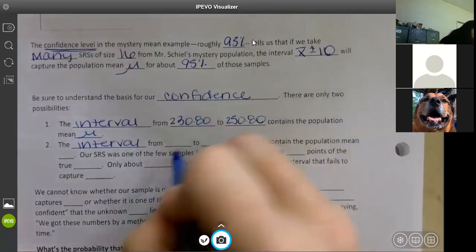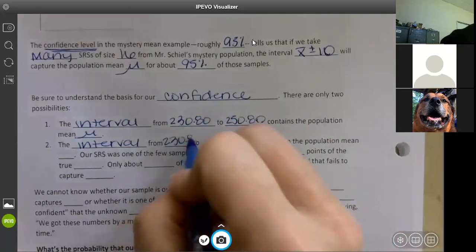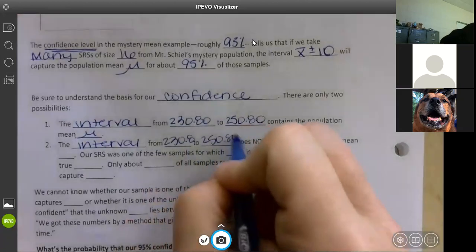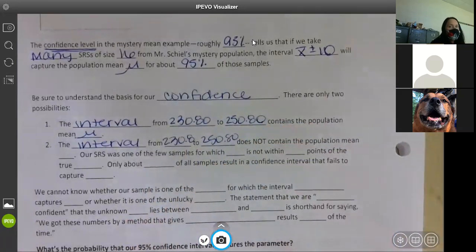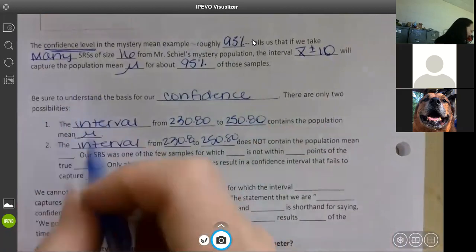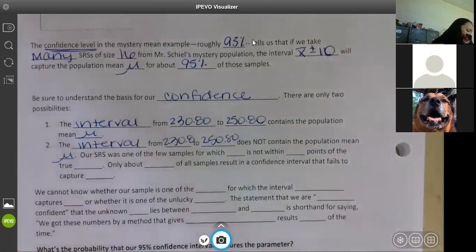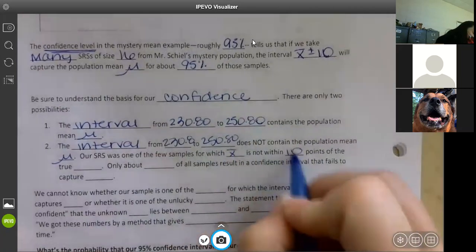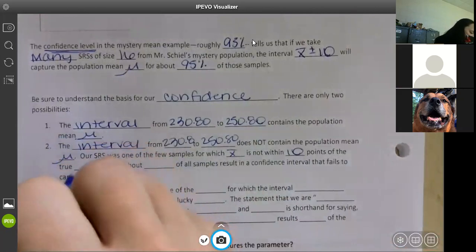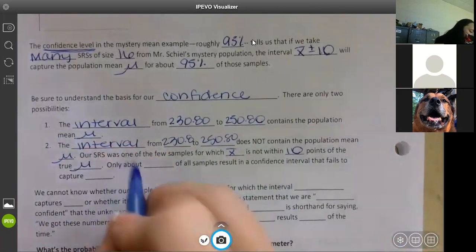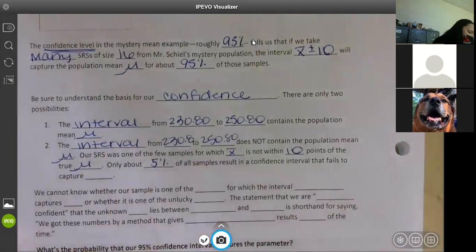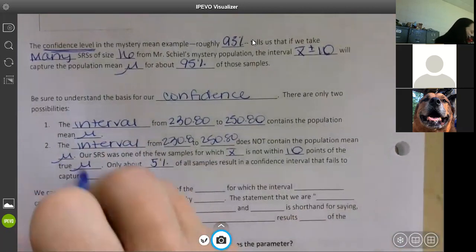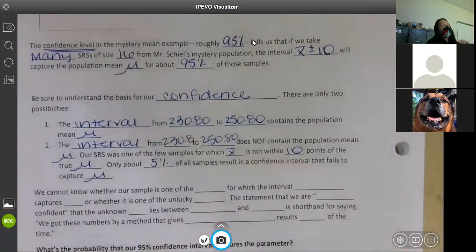The interval from 230.80 to 250.80 does not contain the population mean mu. Our SRS was one of the few samples for which X bar is not within 10 points of the true mean mu. Only about 5% of all samples result in a confidence interval that fails to capture mu. So again, we're 95% confident, so there's 5% that could be off.